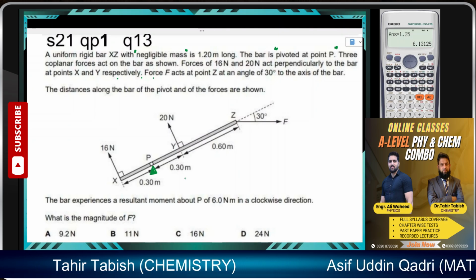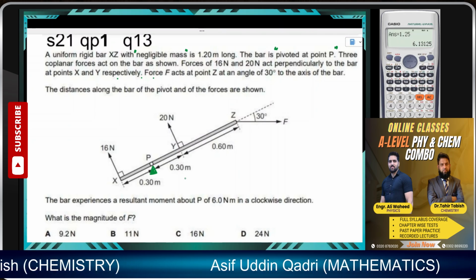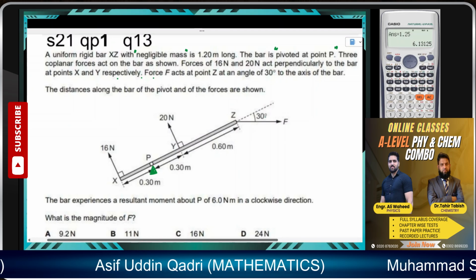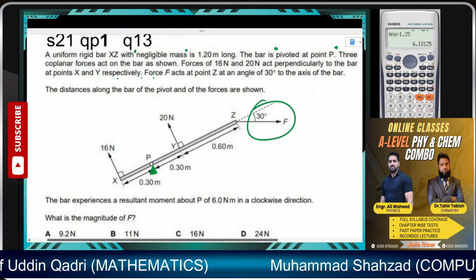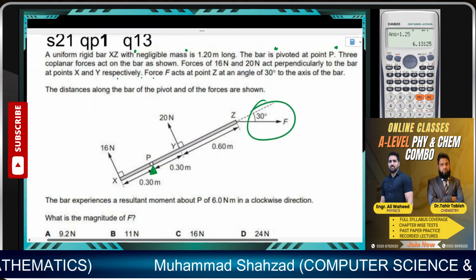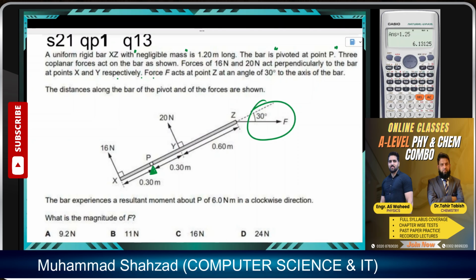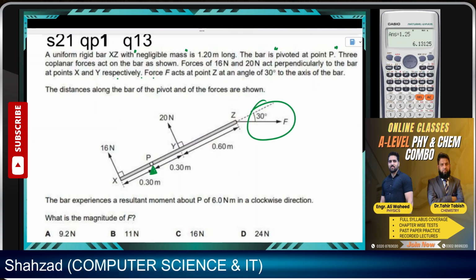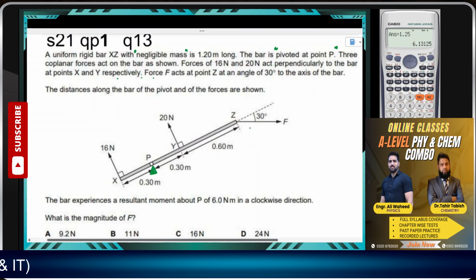Now let us point out the problematic force. This force could be problematic because it is not perpendicular to the distance. So what could be done? We can resolve this force into components.